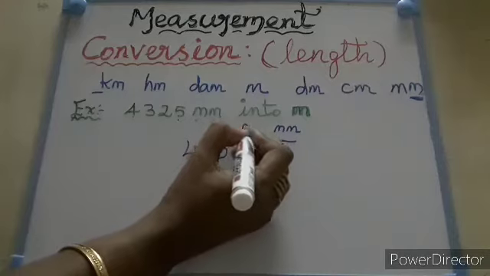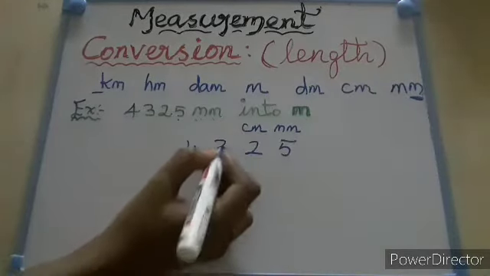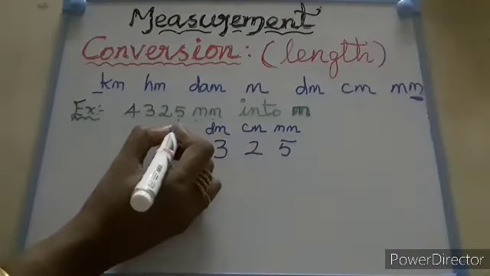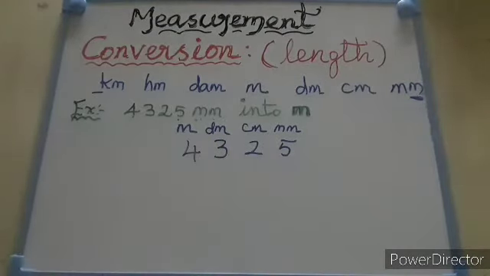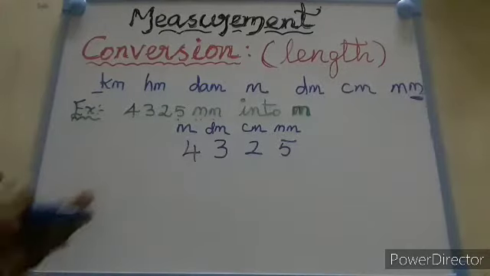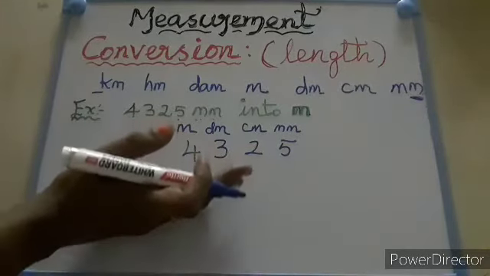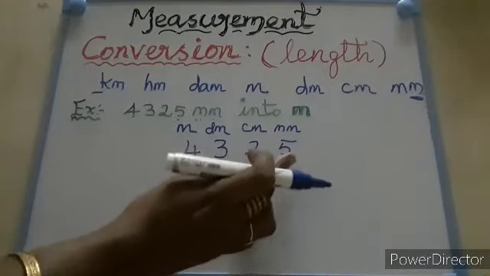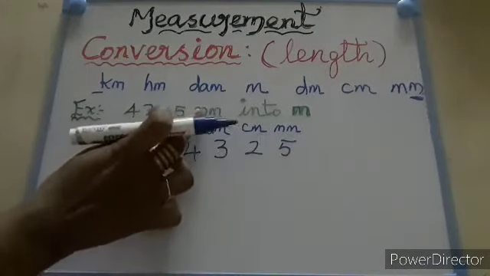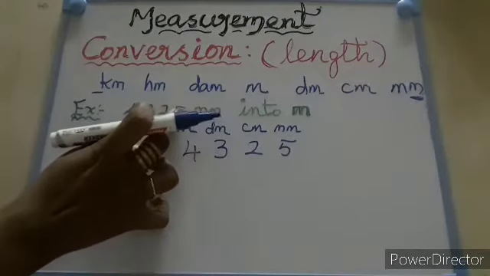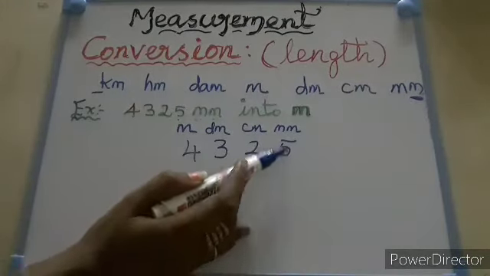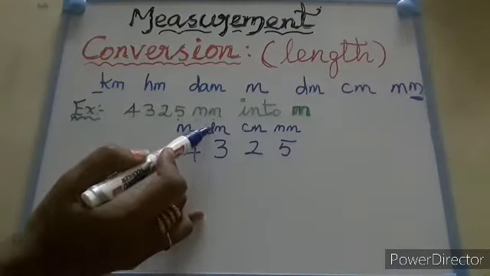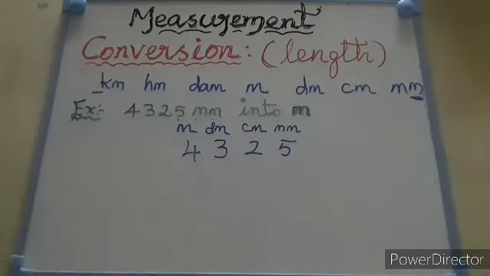So 2 centimeter, then 3 decimeter and 4 meter. Understood what I am saying? So when we write with the units: 5 millimeter, 2 centimeter, 3 decimeter and 4 meter.